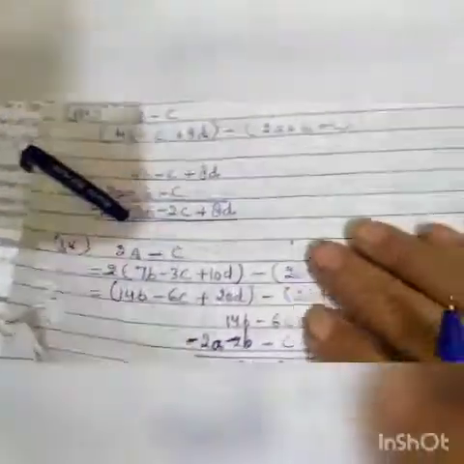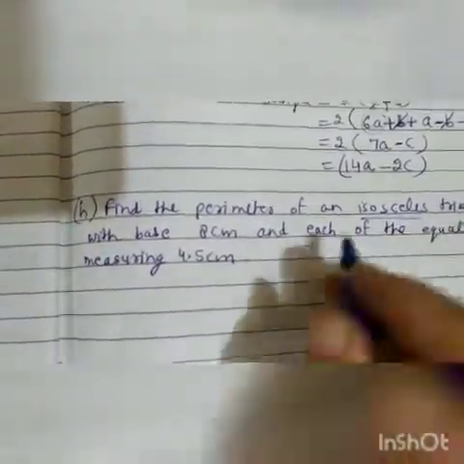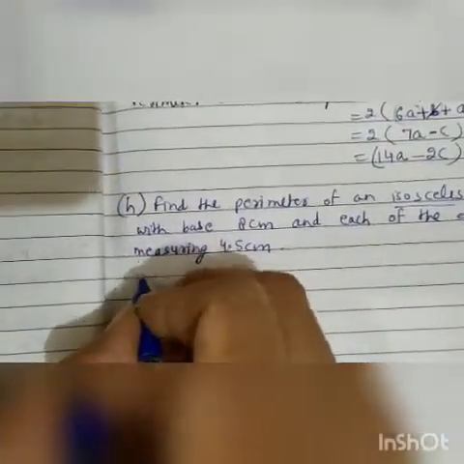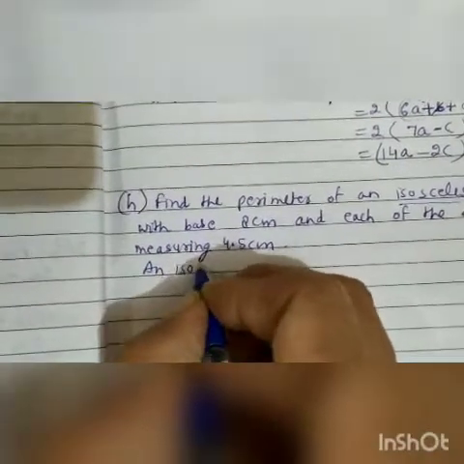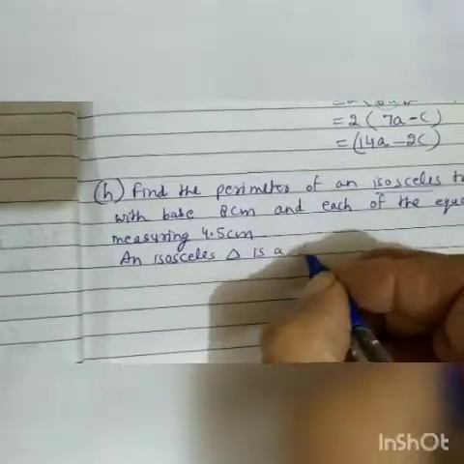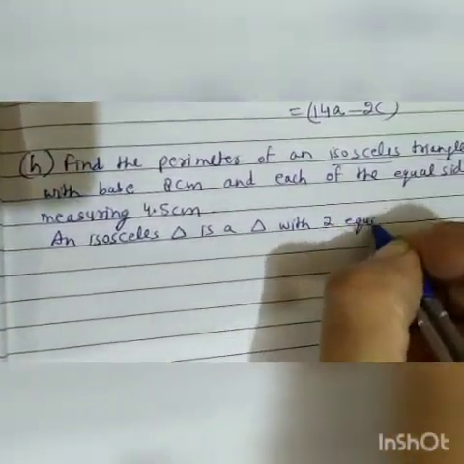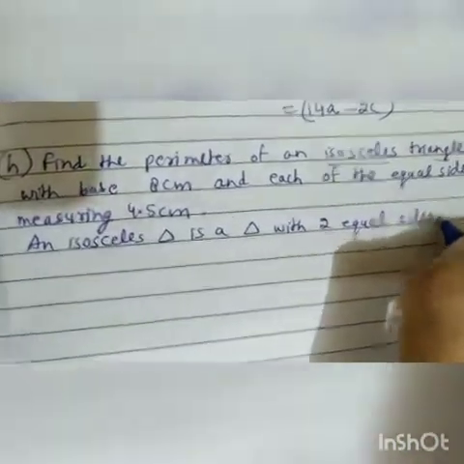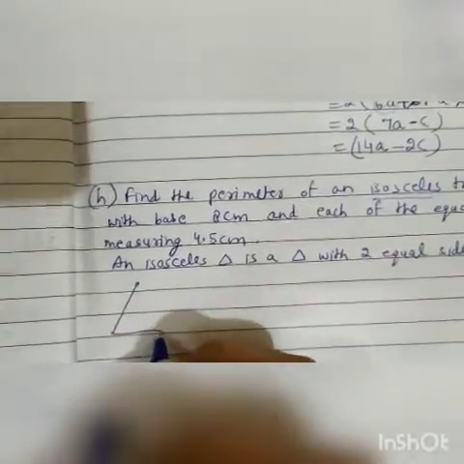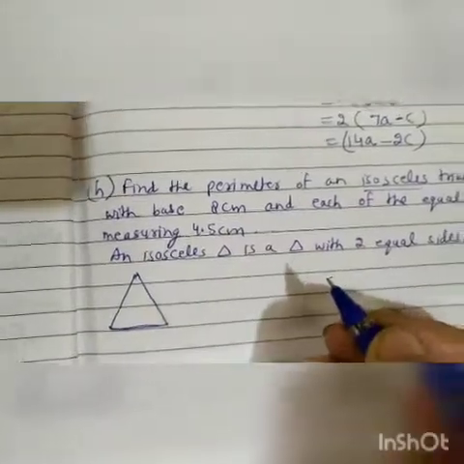So students, what is an isosceles triangle? An isosceles triangle is a triangle with two equal sides. See students, suppose this is an isosceles triangle.